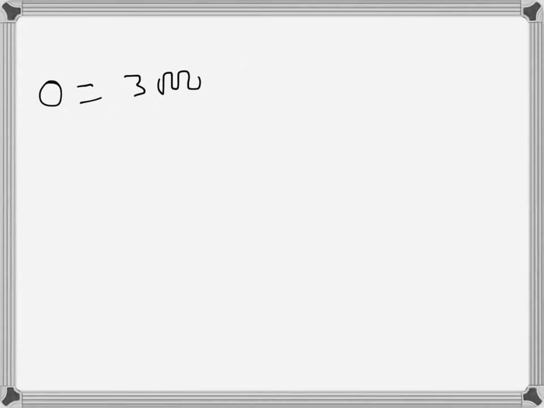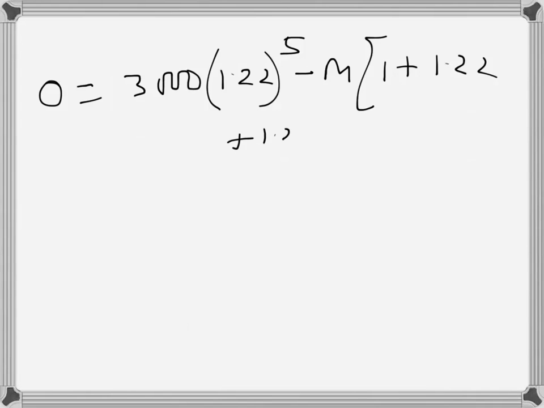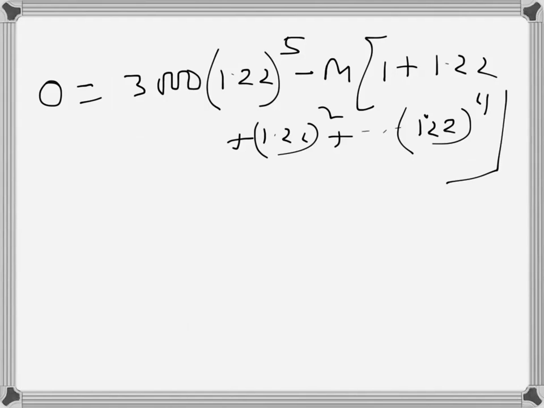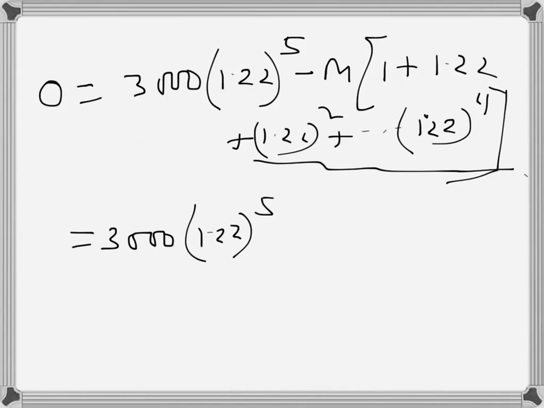Basically this is the series there: 1.22 to the power 5 minus M times (1 plus 1.22 plus 1.22 squared plus 1.22 to the power 4). So this is just 5 years. If it had been like 20 years or something, we could just write the series there like that.